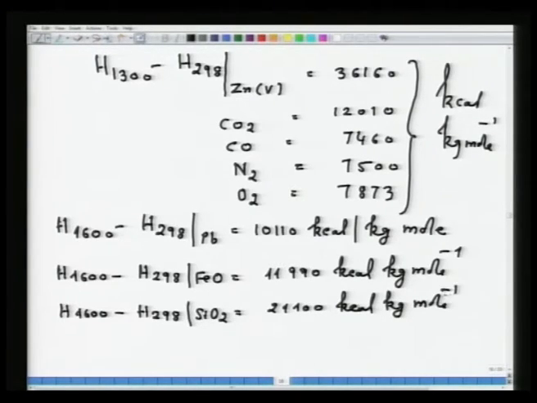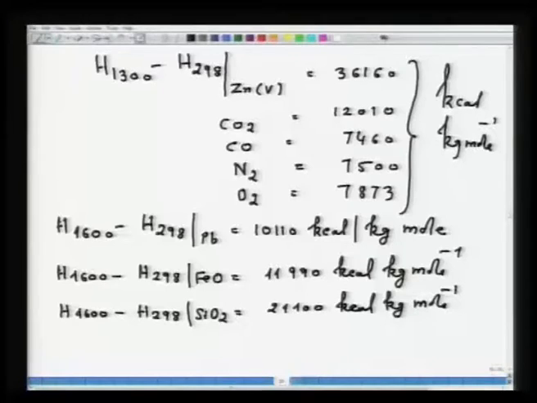Now, mind you, in calculating the heat content of SiO2, it also undergoes several phase transformations, tridymite, cristobalite. Those things are to be taken care of while calculating the heat content. Now, I have given you all the values.